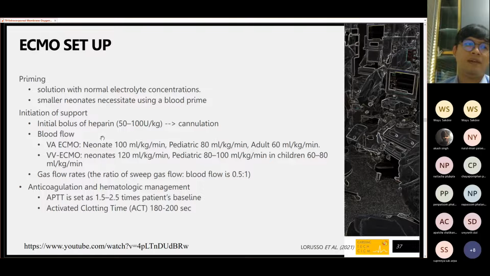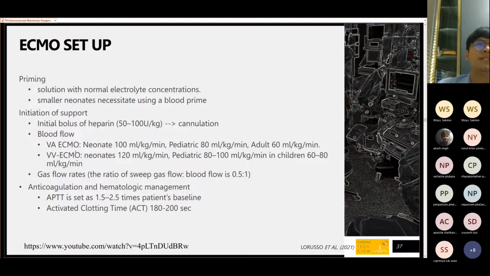So after the ACT rises, maybe to 150 or 200, the physician performs the cannulation, and after that connects the two circuits together, I mean the native circuit and the ECMO circuit.